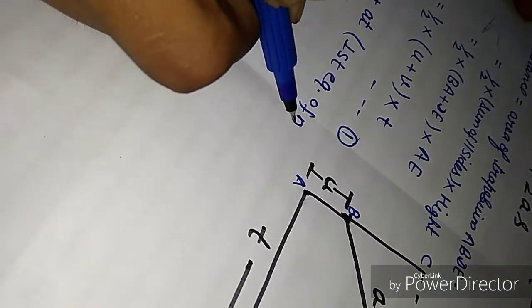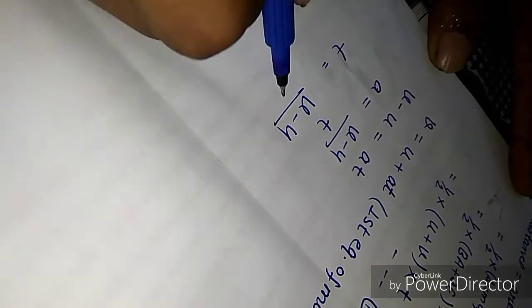Now we know that from the first equation of motion, v is equal to u plus at. v minus u is equal to at. a is equal to v minus u upon t, and t is equal to v minus u upon a, because we have to eliminate the value of t from the equation.